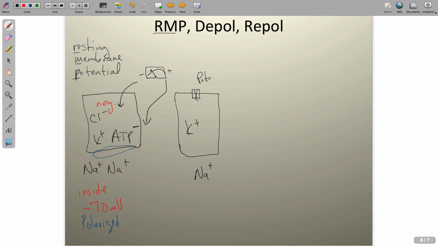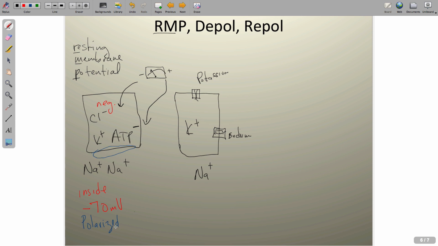So potassium channels exist. And here we're going to put in another little embedded channel, and this channel is going to be a sodium channel, meaning that it specifically allows sodium to move through it, and this one specifically allows potassium to go through it.